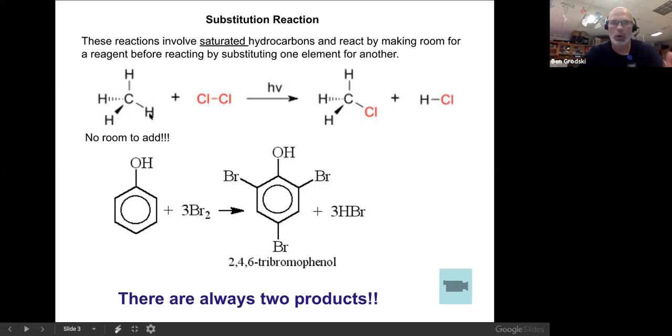Of course, that has to occur because this has to be a saturated organic compound, meaning it has single bonds between the carbons, which means there's no room to add on, there's no double bond. So in order for Cl to go on, an H has to go on. So the key here is we have two products, and this is saturated, okay?